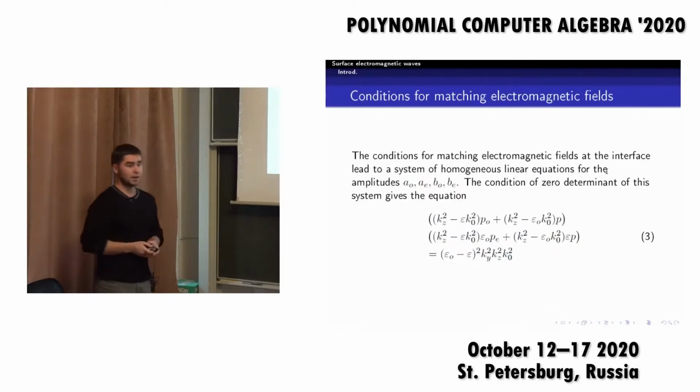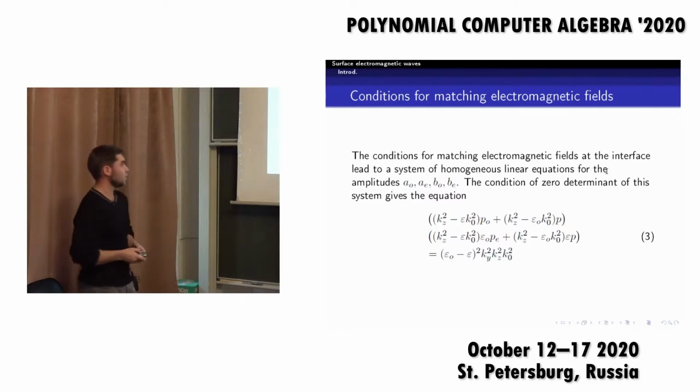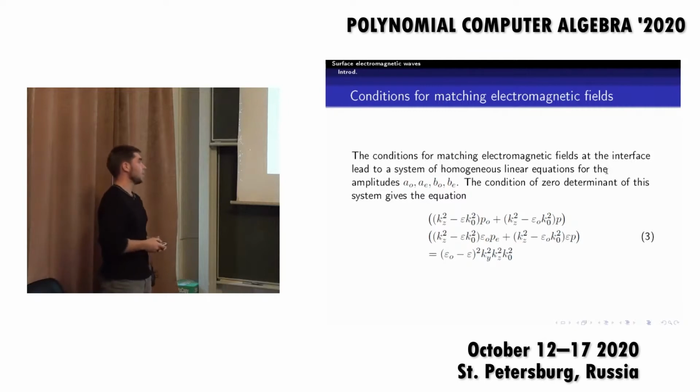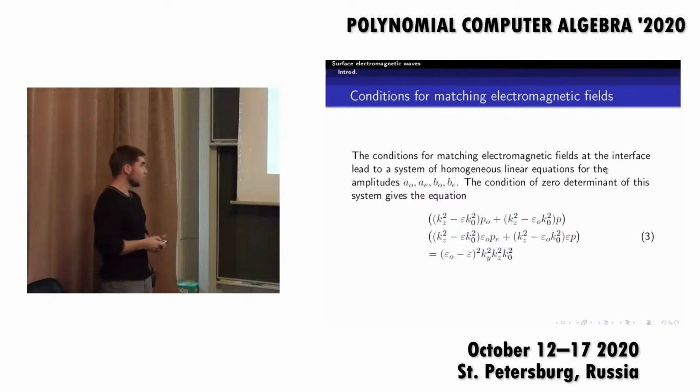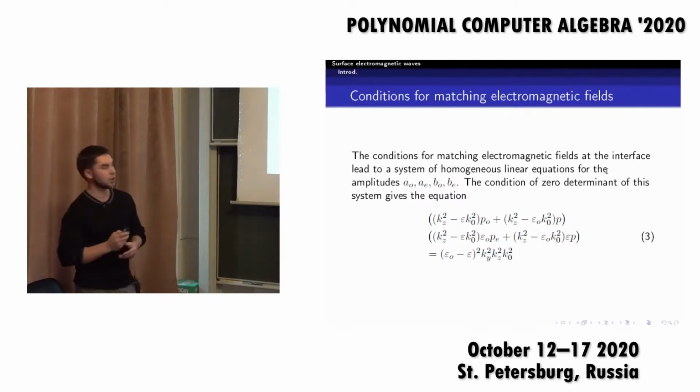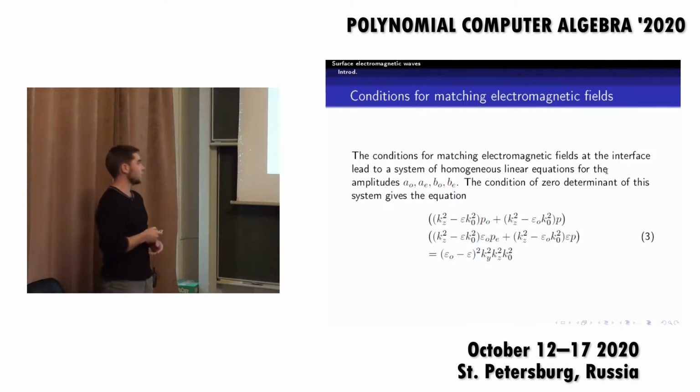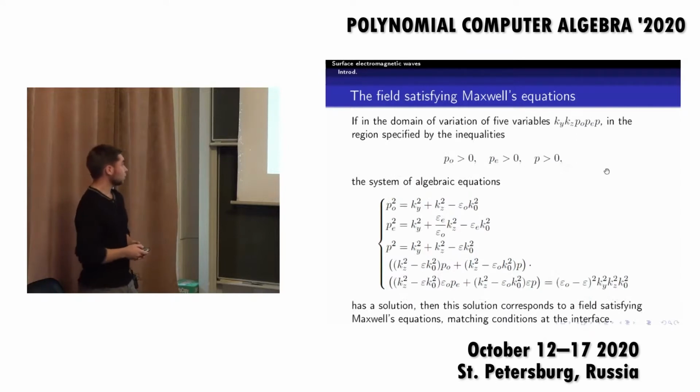We need to consider matching of the electromagnetic fields at the interface, which leads to a system of homogeneous linear equations for the amplitudes. The condition that the determinant of this system is zero gives these equations, equation 3.